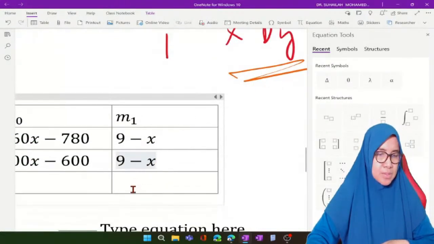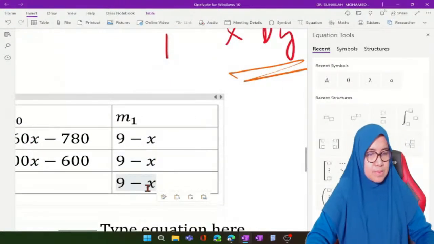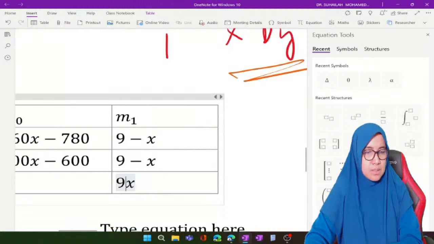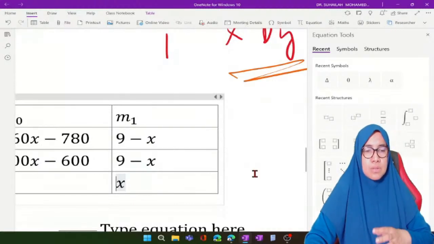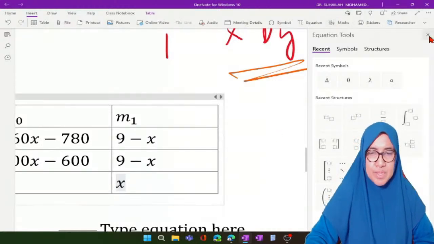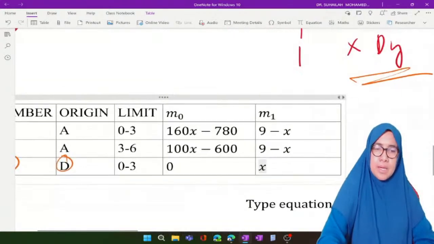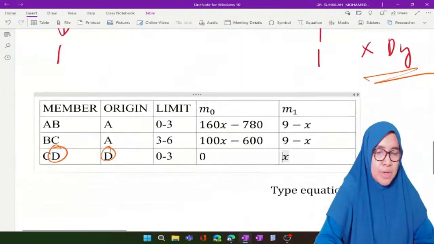So this one is x. So please practice to write the moment equation.